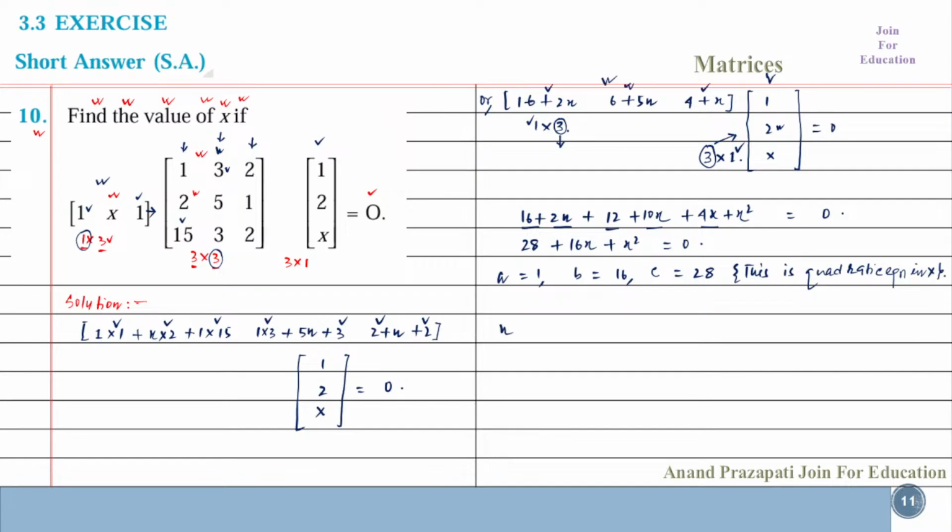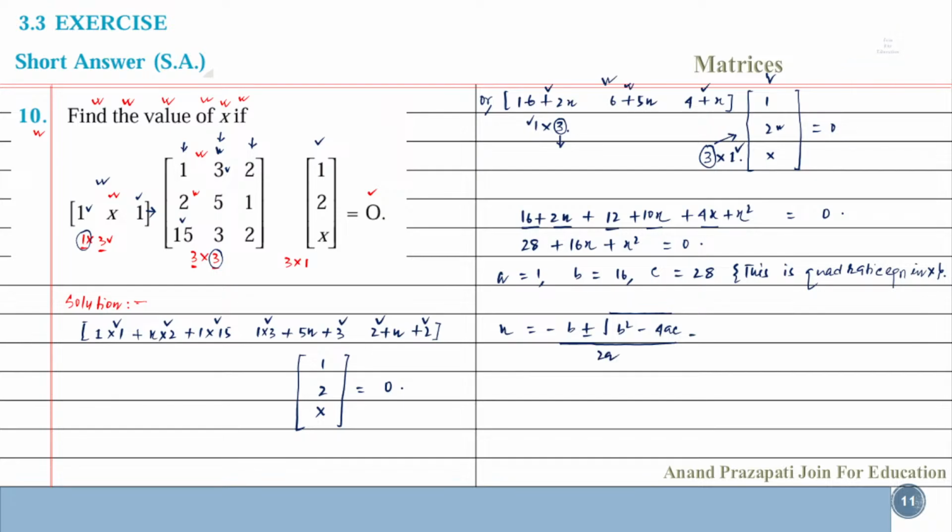Therefore x equal to minus b plus minus root of b square minus 4ac, over 2a.